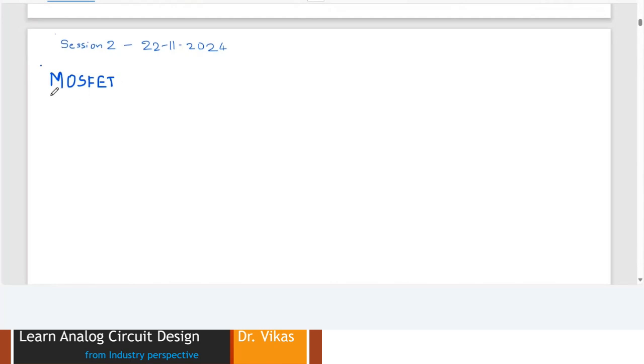So in yesterday's session, we tried to understand the structural importance of the MOSFET. Basically, we tried to see how exactly the MOSFET's structure looks, and we saw that the MOSFET has three terminals.